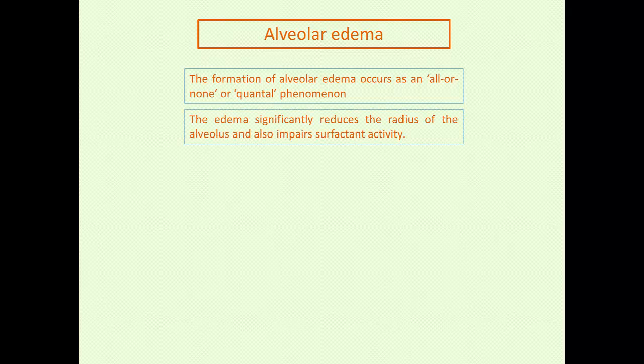But what has been found is that the formation of alveolar edema occurs in this all or none effect. That is, the alveolus is totally flooded or not flooded. And there isn't really a good explanation as to why that is, but it's what's seen. And what is thought to occur is that the alveolar edema, when the alveolus is flooded with fluid, significantly reduces the radius of the alveolus.